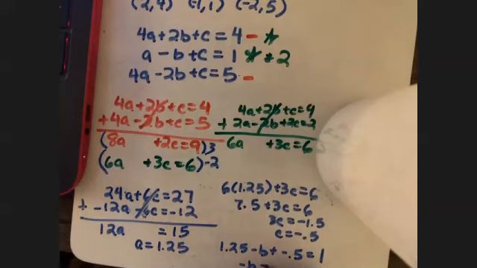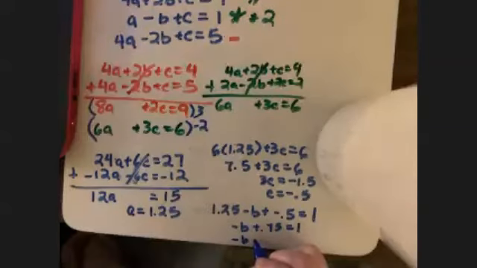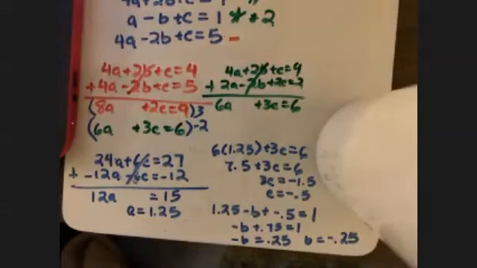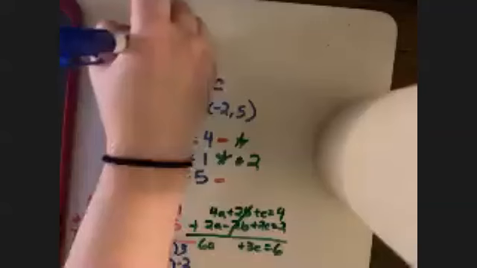All right, move down so you can see. Negative B equals 0.25. So B is going to be -0.25. Okay. So now, using those pieces of information, we're going to go back into my equation.